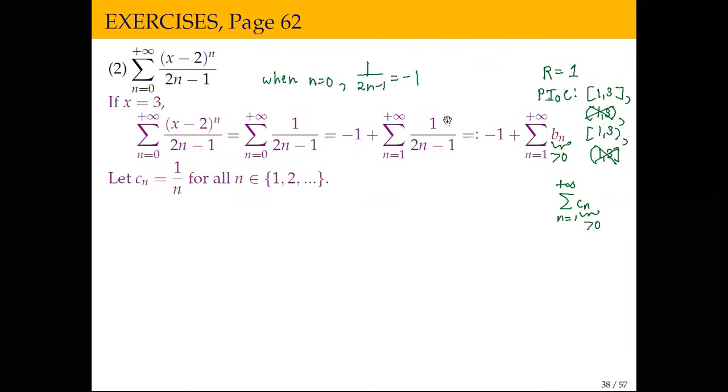Again, the degree, quote unquote, of the numerator is 0, and the degree of the denominator is 1. So the difference in the degrees is 1. So you might want to take your c sub n to be 1 over n. If that is the case, then this infinite series diverges since it is a harmonic series.